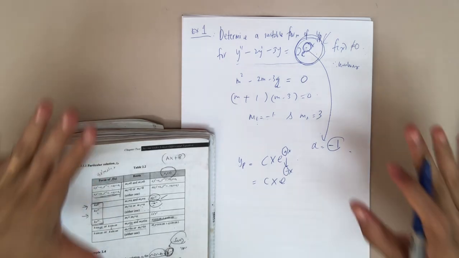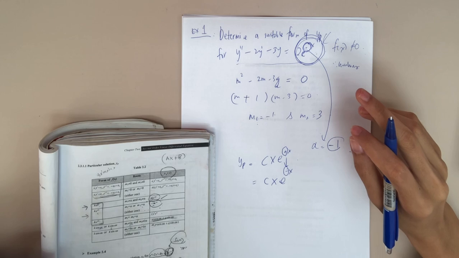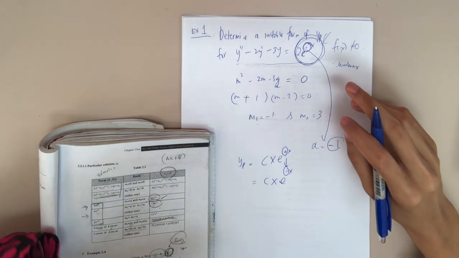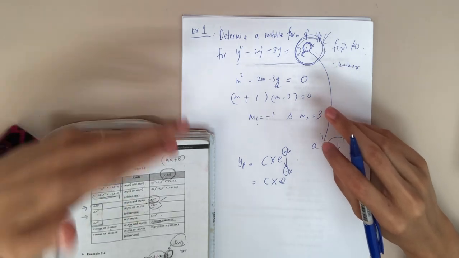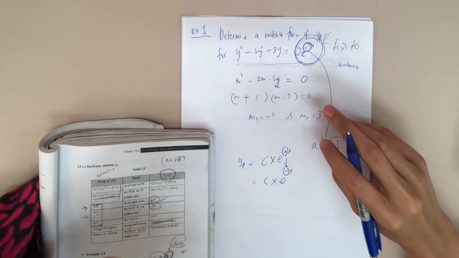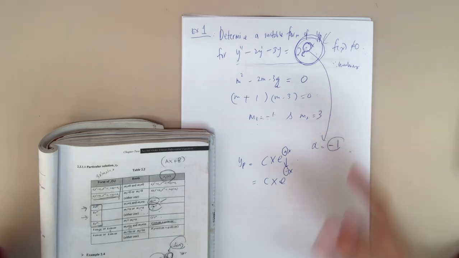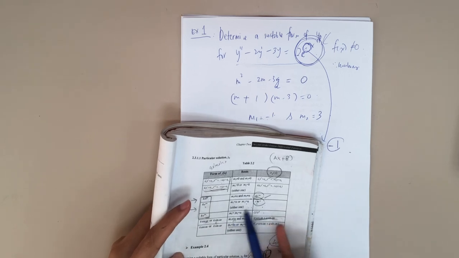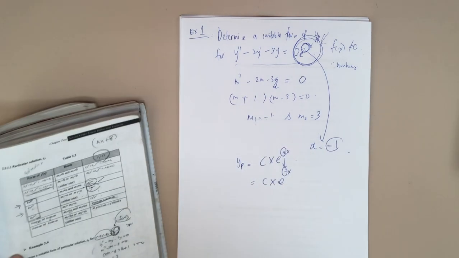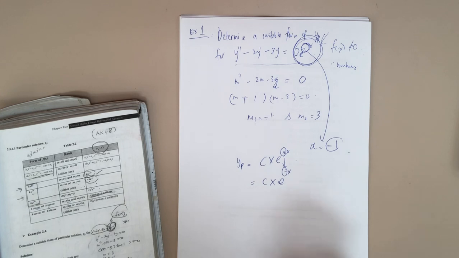Maybe you feel a bit confused by it, but you can refer to this video again to understand it better, because it's quite tricky and quite confusing when it comes to these roots. I know it. But you need to do it slowly, and then of course inshallah you can get the answer.